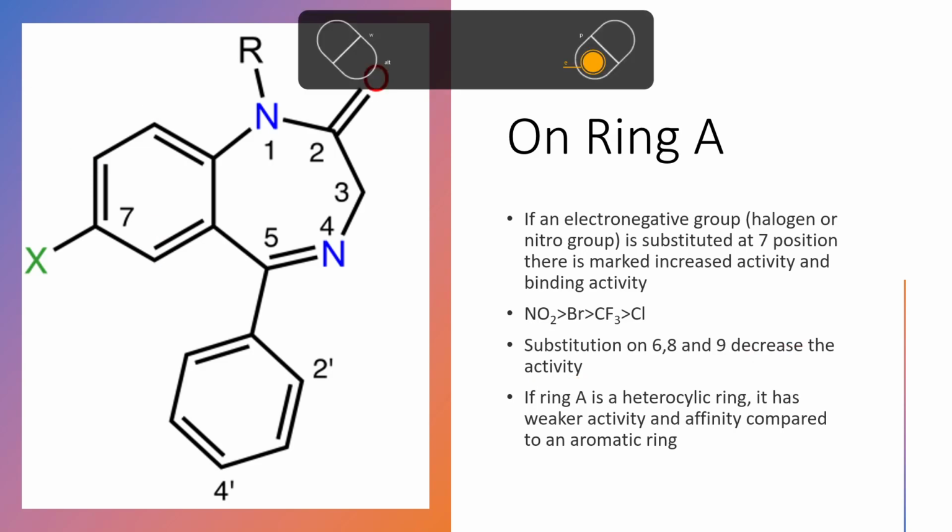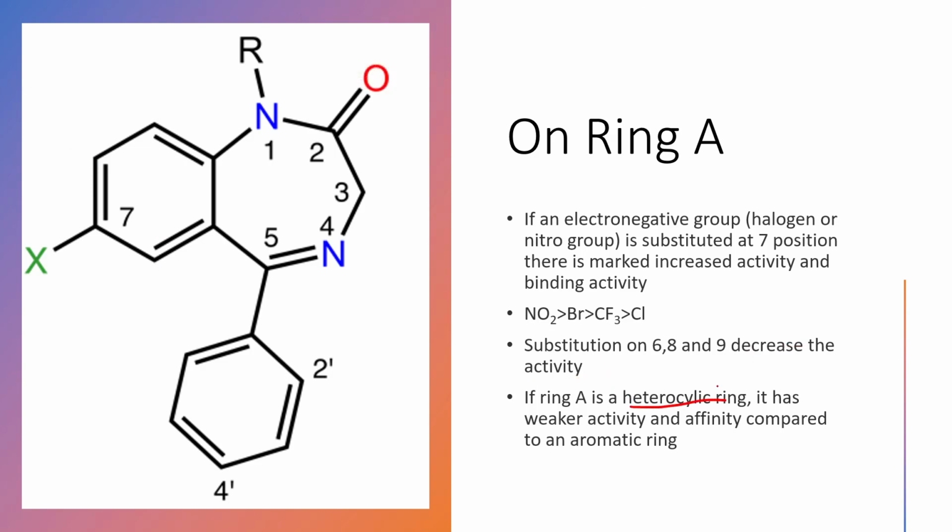And if ring A is a heterocyclic ring, meaning it's not a benzene ring, it has a weaker activity and affinity compared to an aromatic ring. So in this case, a benzene ring is superior to our cyclohexane. Okay, so those are the SARs for ring A.